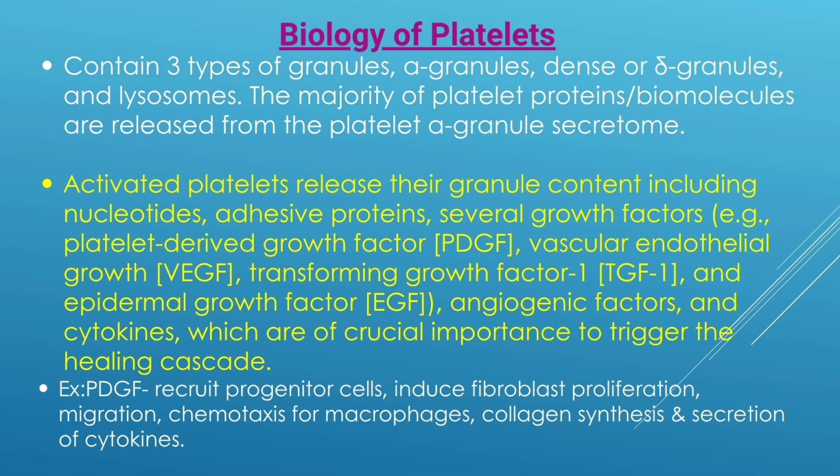Platelets contain three types of granules: alpha, dense or delta granules, and lysosomes. The majority of platelet proteins or biomolecules are released from the platelet alpha granules. Activated platelets release their granule content including nucleotides, adhesive proteins, several growth factors like platelet-derived growth factor, vascular endothelial growth factor, transforming growth factor, and epidermal growth factor, angiogenic factors, and cytokines, which are of crucial importance to trigger the healing cascade.